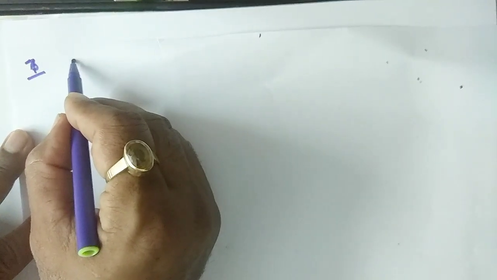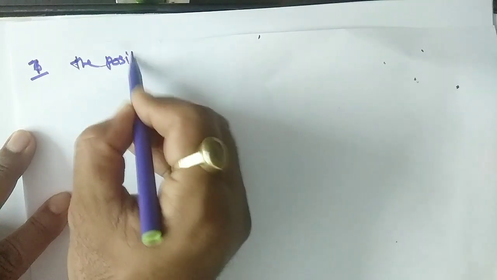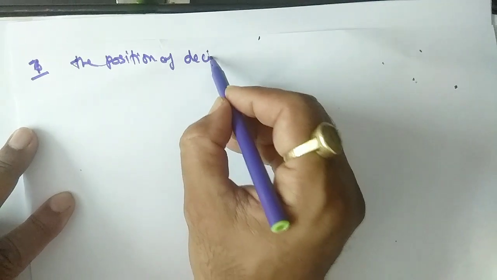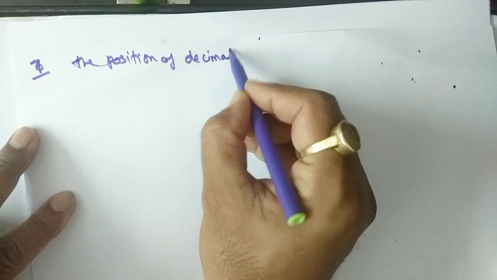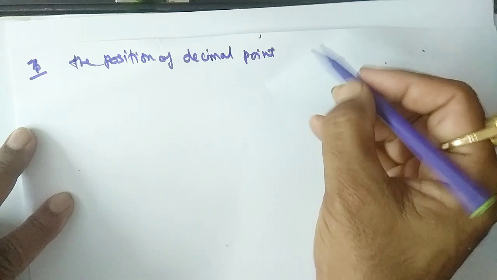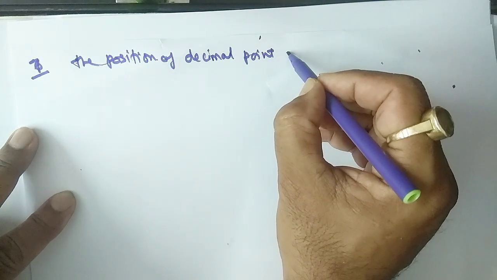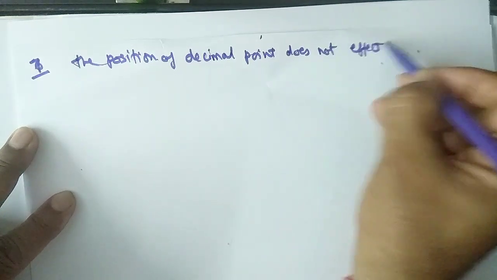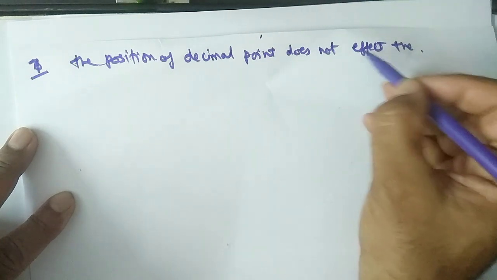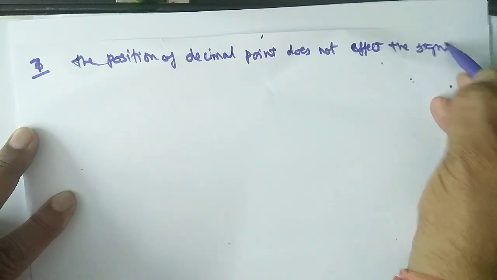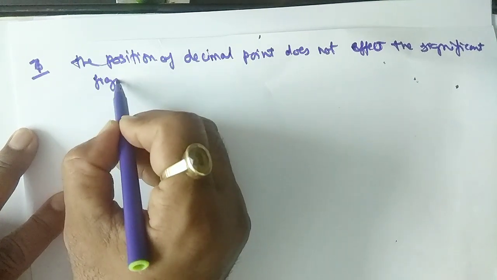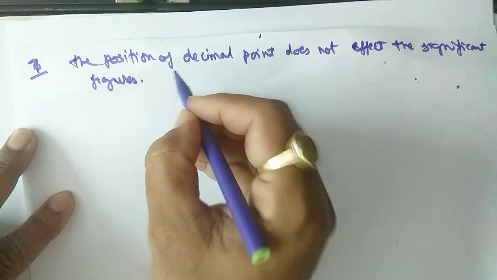Remember that the position of the decimal point, as we discussed in the first rule also, does not affect the number of significant digits or figures.